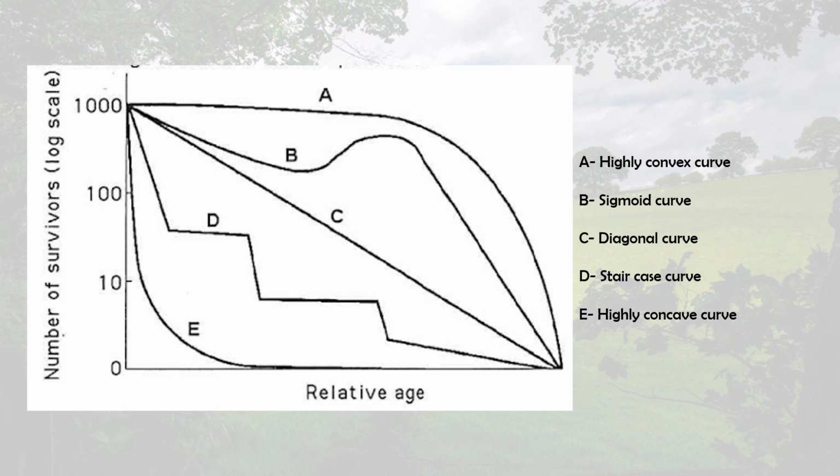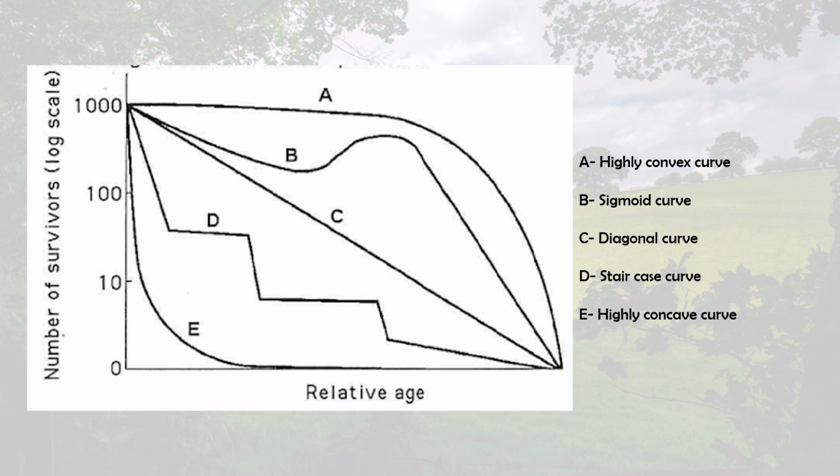That means the number of survivors during birth is high and constant up to a particular life stage. Then, when the age increases towards old age, we will see the number of survivors decreasing. So this is seen in case of large animals, mammals.